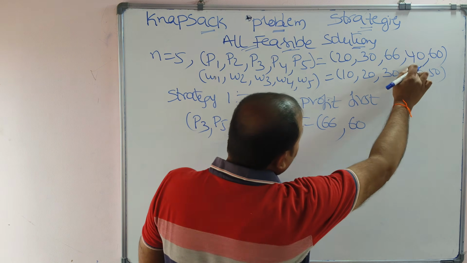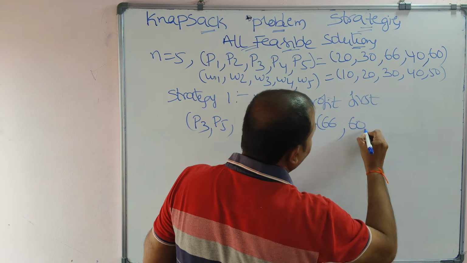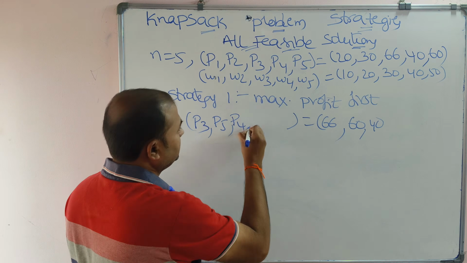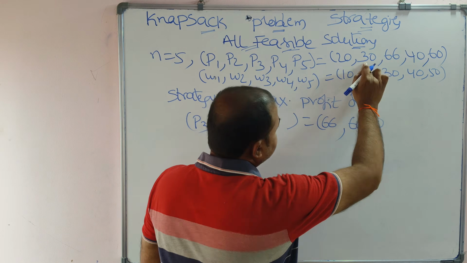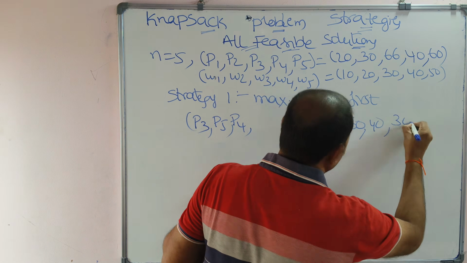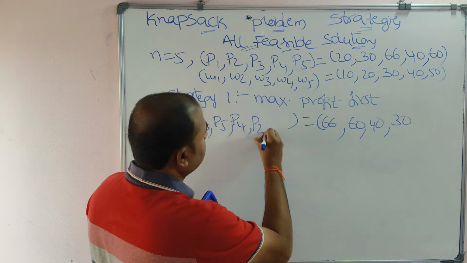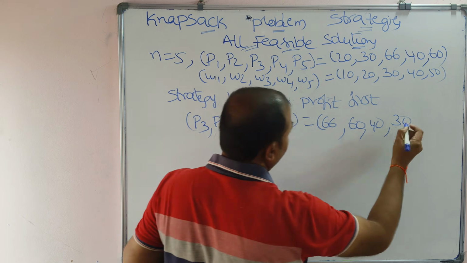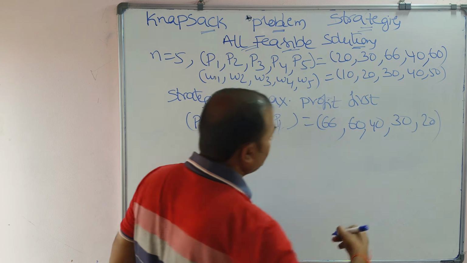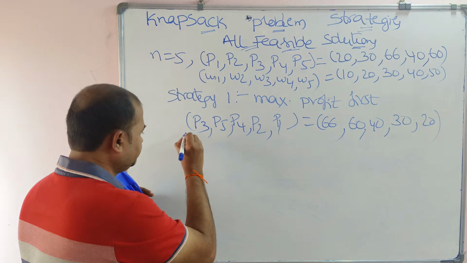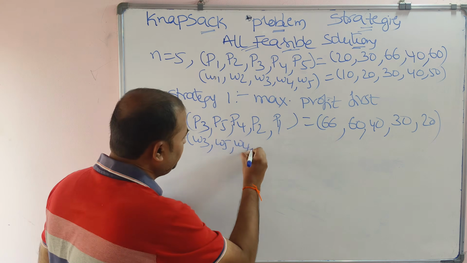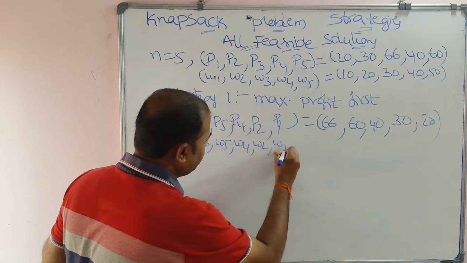After 60, what is the maximum value? 40. So 40 means the fourth object. Next, the second object, 30, so P2. Next, the first object, P1, which is 20. Likewise, arrange the weights also: W3, W5, W4, W2, W1.